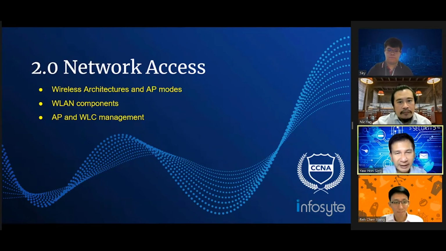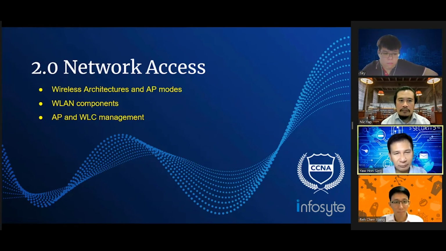Now, the second part is talking about the wireless part of the network. We know that nowadays wireless has become the de facto standard for the working culture, right? Everybody has a laptop to access the network, and almost everyone also has a smartphone to do work. All of these depend on Wi-Fi connections.